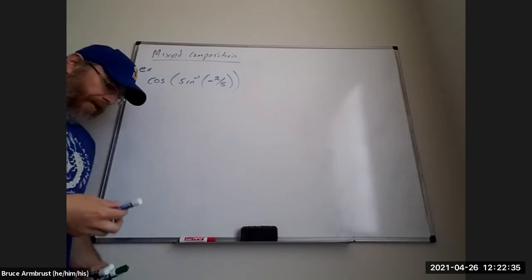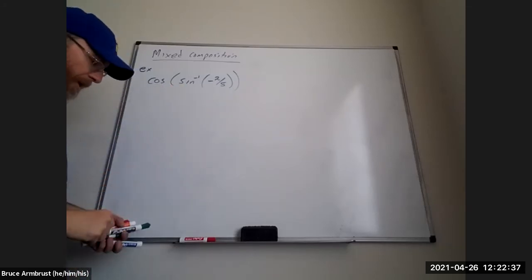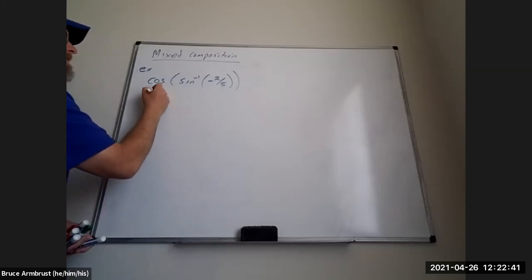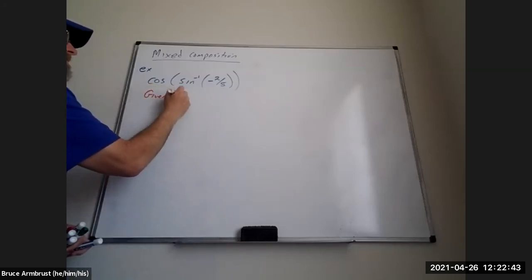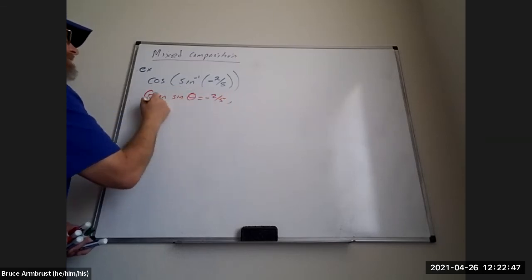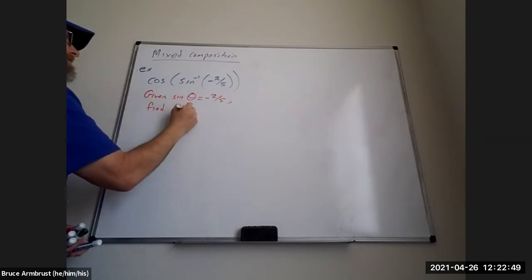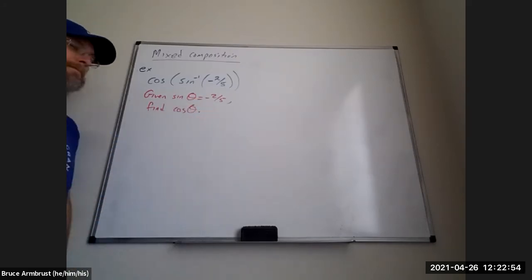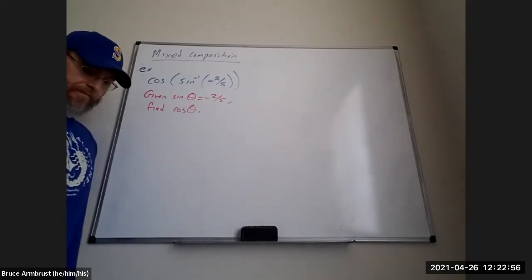Okay, so again, what we're basically told here is that we're given sine of theta equals minus 2/5. Find the cosine of theta.